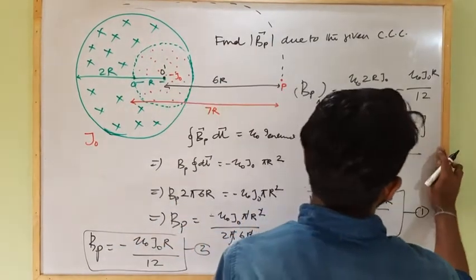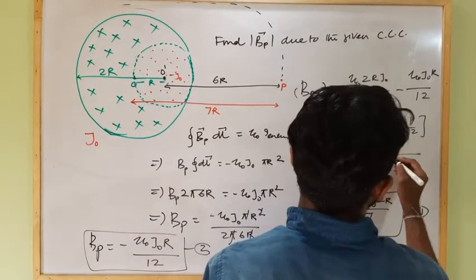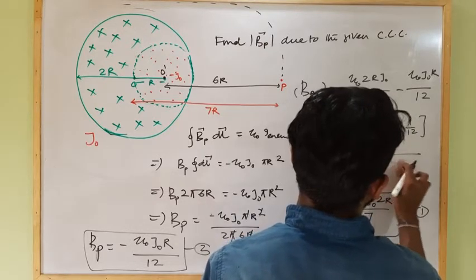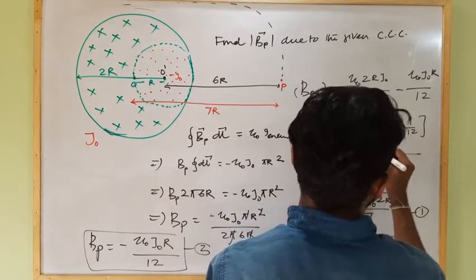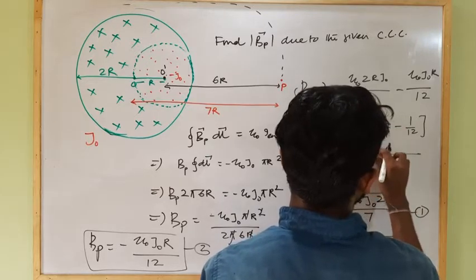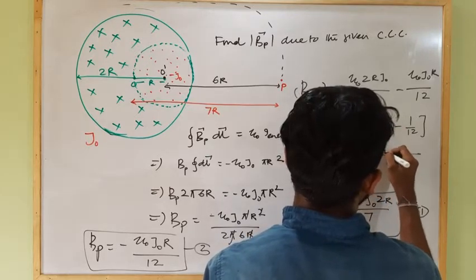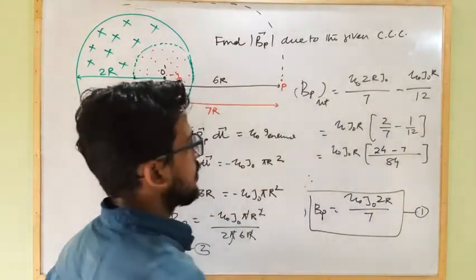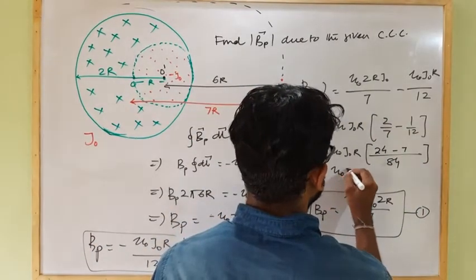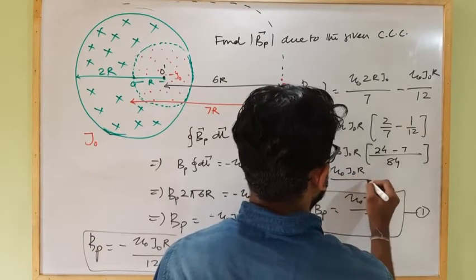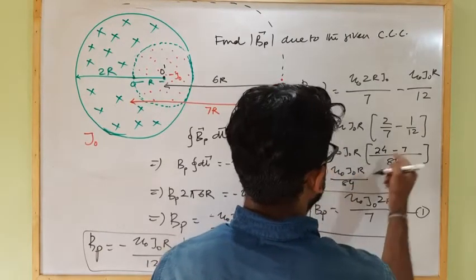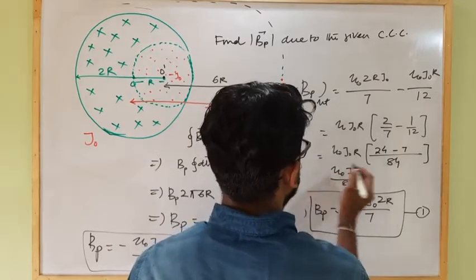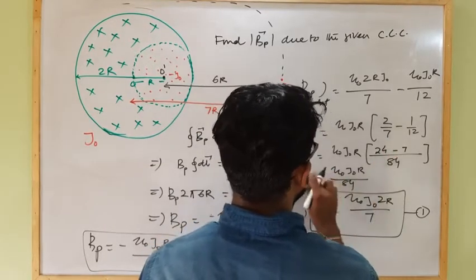12 7 will be 84. It will be 12 into 2, 24 minus 7. Okay, so this will become mu naught j naught r divided by 84 into 24 minus 7, which will be 17.